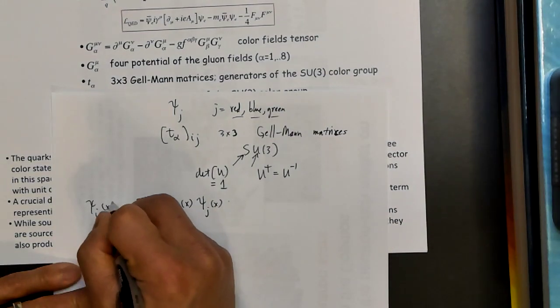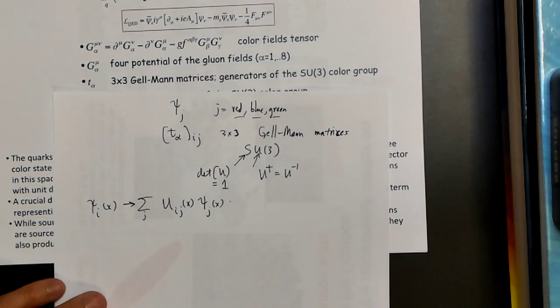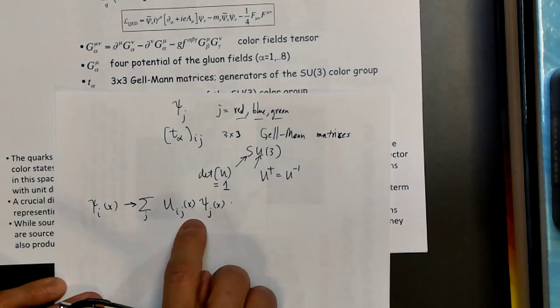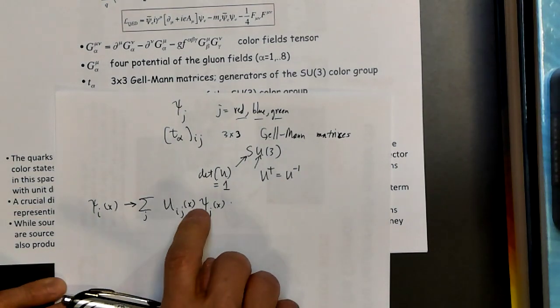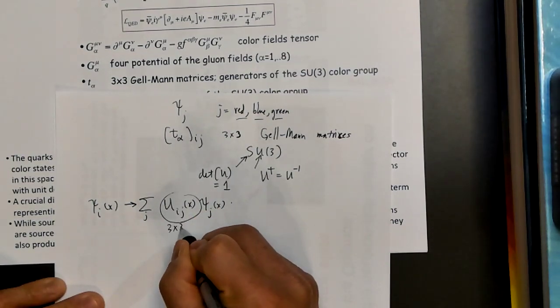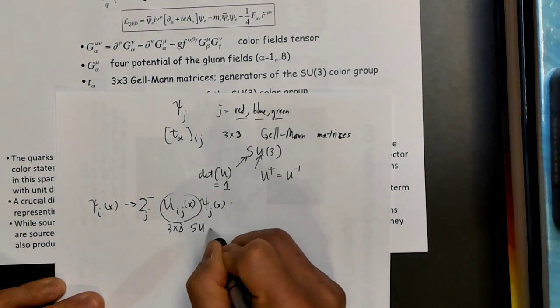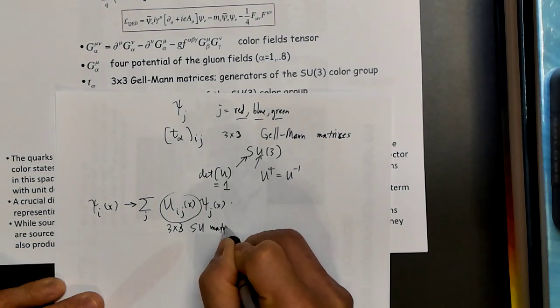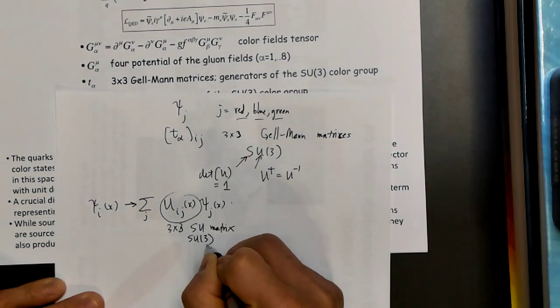So that will be my gauge transformation. It was psi_I, and it's going to then transform like this, where the transformation will be a 3 by 3 special unitary matrix, or SU(3) matrix.